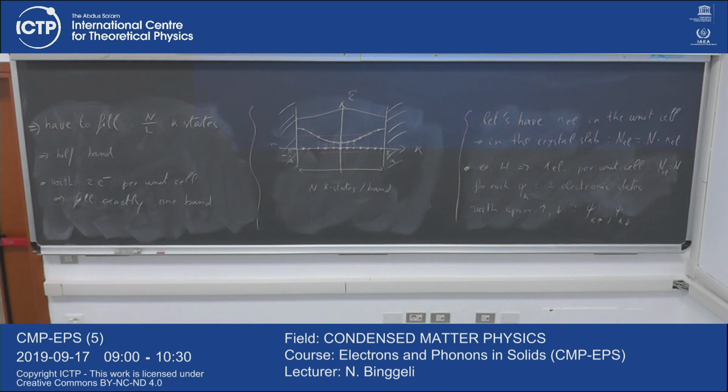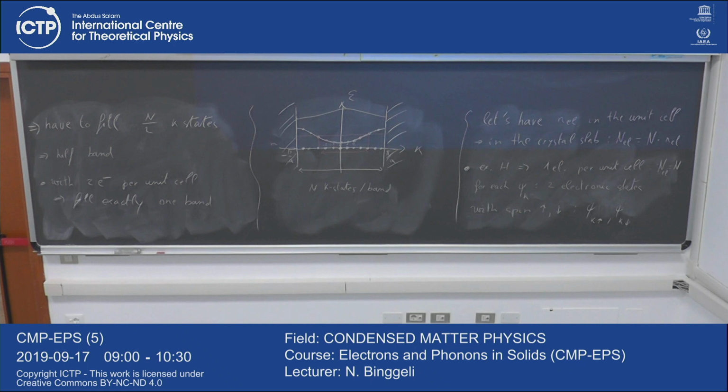So the Born-von Karman boundary conditions, I can impose them in a three-dimensional crystal on a piece of crystal. So I will impose, for a given length L in one direction, nx times a, ny times b, and nz times c, where these are the lattice parameters.